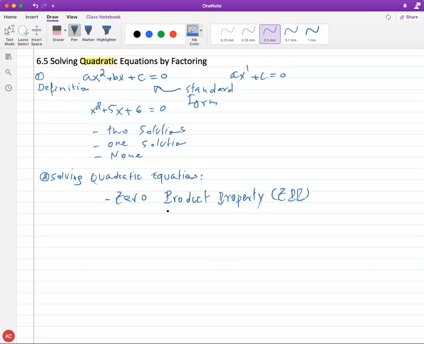This simply means when you multiply two things, whether two numbers, two expressions or whatever, and you get 0, what does that mean about the values of A and B if you multiply them and get 0? One of them equals 0. That's right, at least one of them has to be 0.